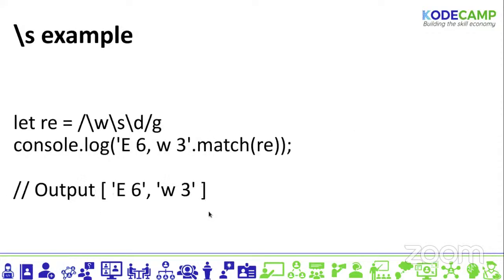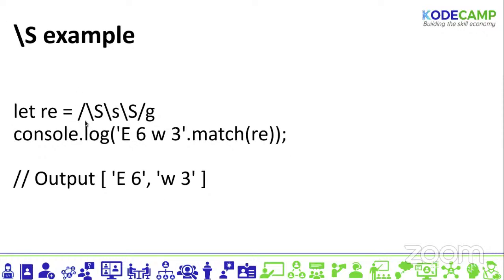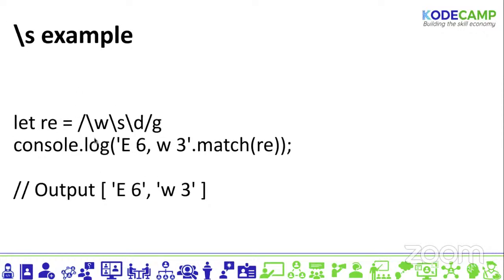Let's see an example of that. Using \s here, what we are checking for is any string that has a letter, a space, and a digit. For example, here we have this letter, we have a space here, and we have a digit.